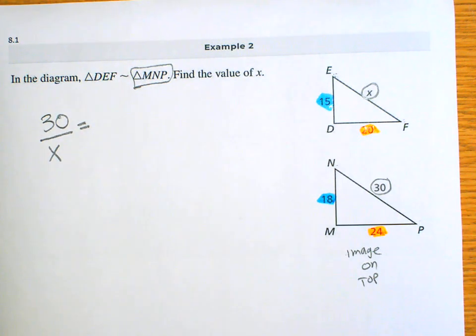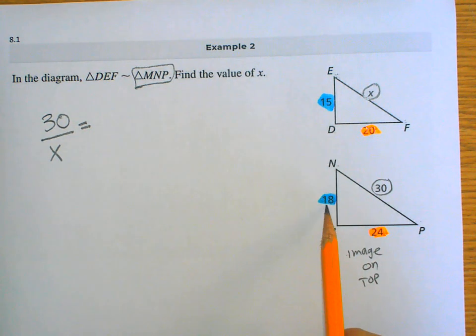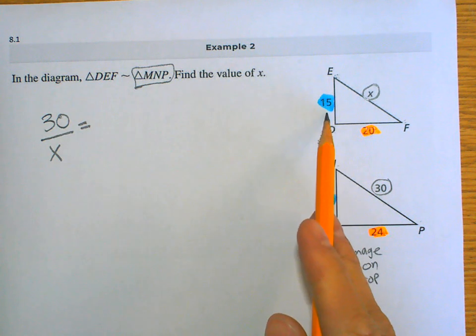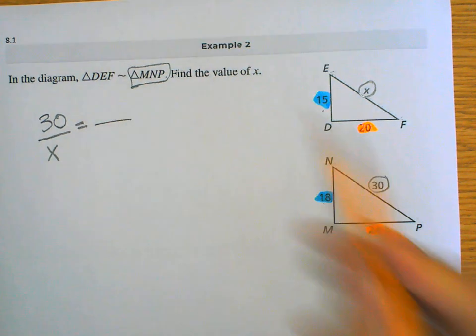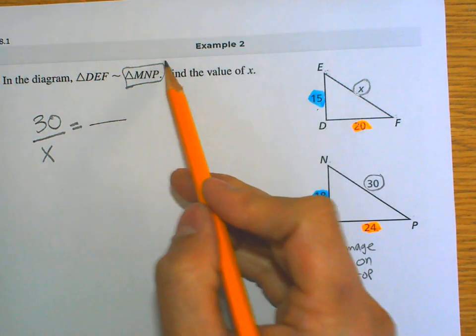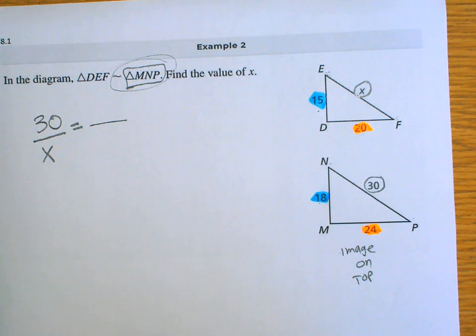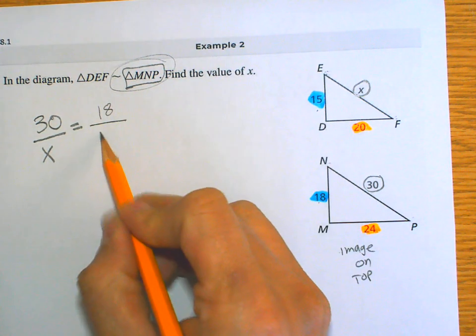I will get the same solution regardless of which one I do. So I'm going to do 18 to 15 just for the heck of it. Now, how do I know which one goes on top? Remember, the image always goes on top. How do you know which one's the image? The second one. So 18 over 15.